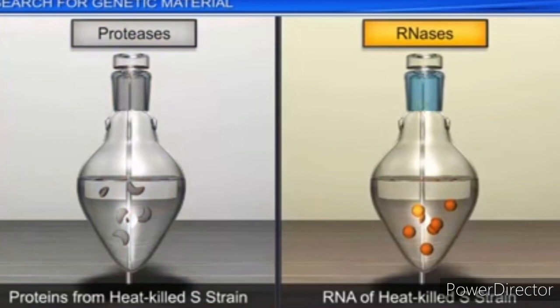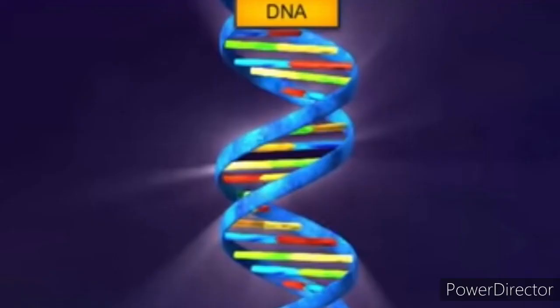So the transforming substance was not a protein or RNA. Then digestion with DNase, a DNA digesting enzyme, did inhibit transformation, suggesting that the DNA caused the transformation. They concluded that DNA is the hereditary material, but not all biologists were convinced.